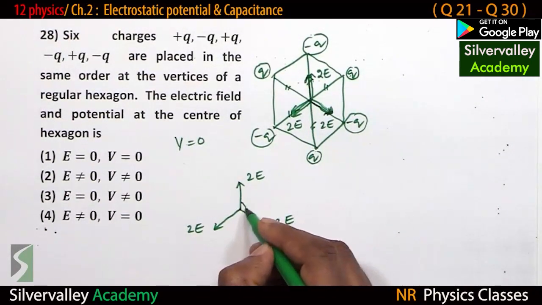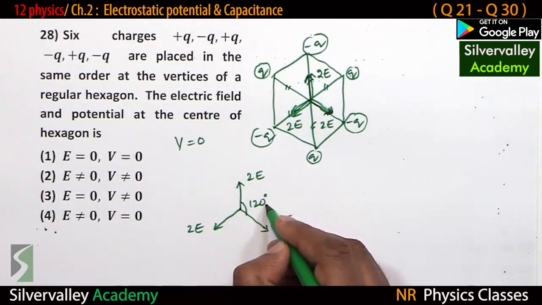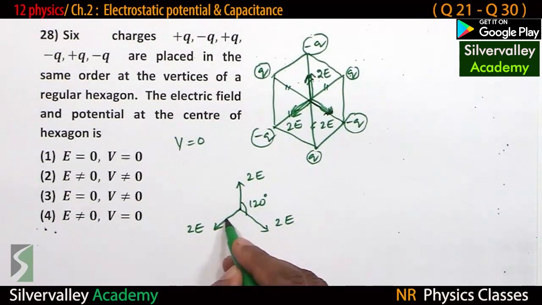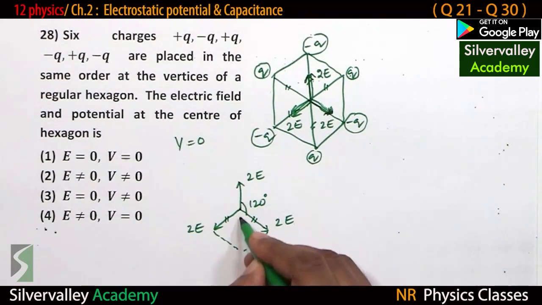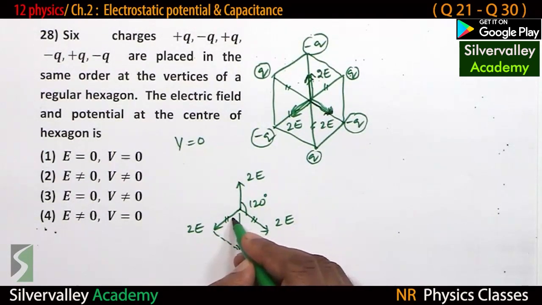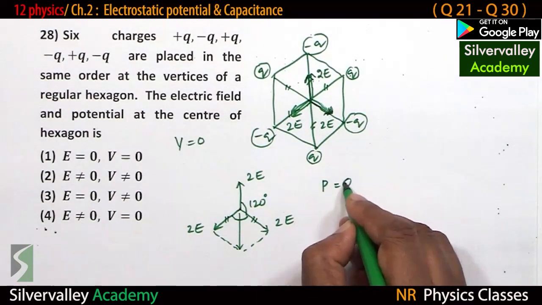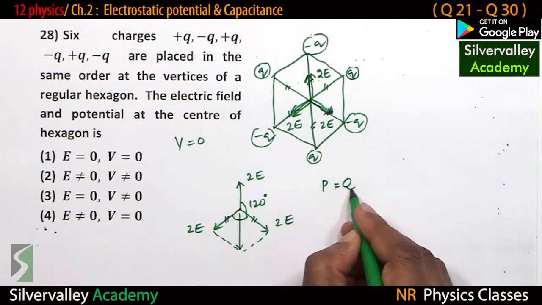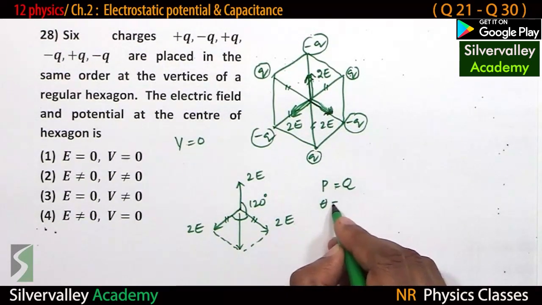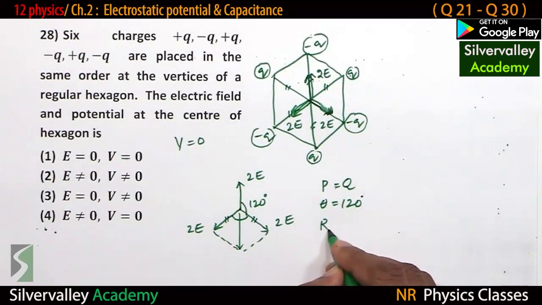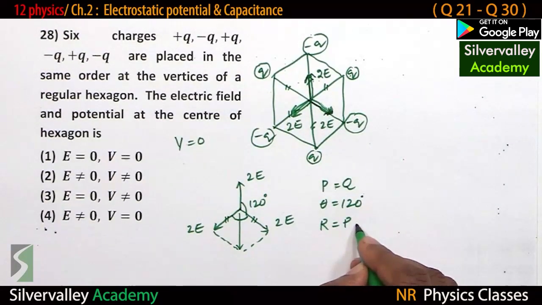And the angle between each is 120 degree. So for the vector sum of these two, complete the parallelogram, draw the diagonal. Since the angle is 120 degree, recall students, if magnitude of P equal to magnitude of Q and theta equal to 120 degree, then the resultant is also equal to P or Q, isn't it?